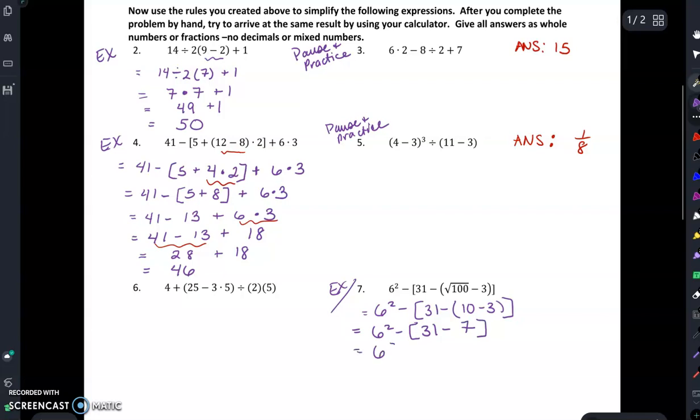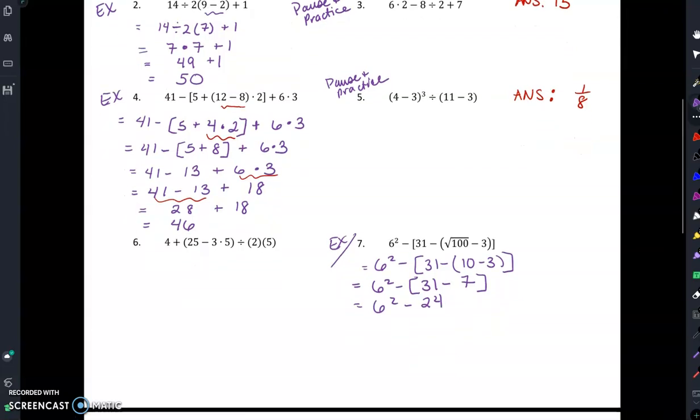And then I have 6 squared minus the 31 minus 7 is going to give me 24. Now I can remove the bracket. I could leave it there as well, but I don't need it. It doesn't mean to multiply or anything. It's just a subtract operation. And then on this last one, or most recent line, 6 squared would be 36, and then bring down the 24, and in my final answer I get 12.